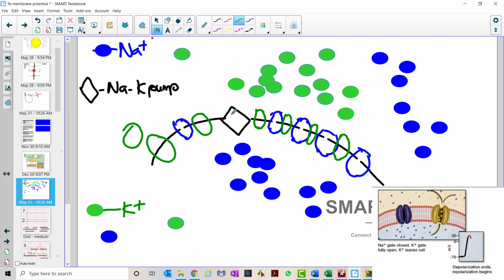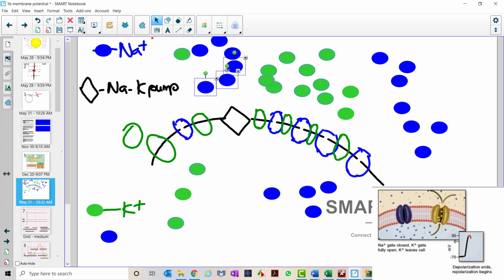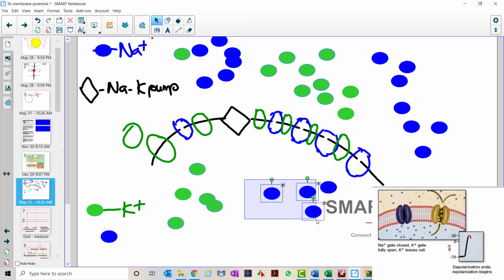And that's okay, because you've got the sodium-potassium pump. What does the sodium-potassium pump do? It's going to pump out 3 sodium, and it's going to pump in 2 potassium, and it's going to keep on doing this until resting membrane potential is reached. And even then, it will still keep on doing it.